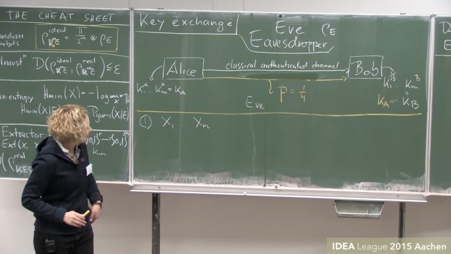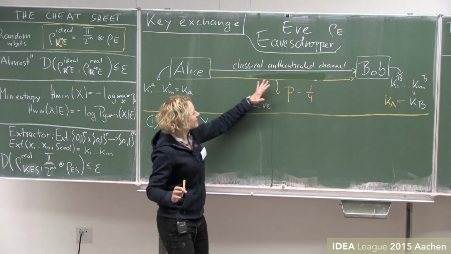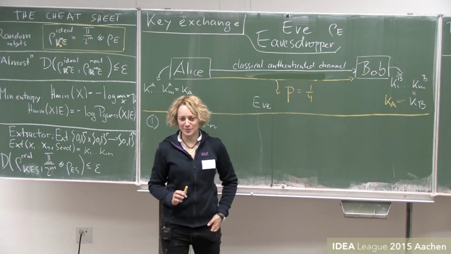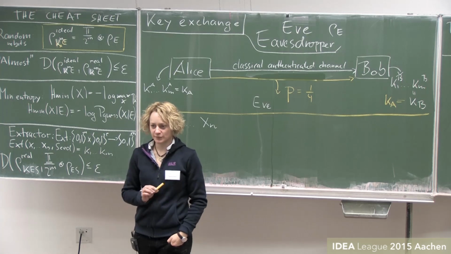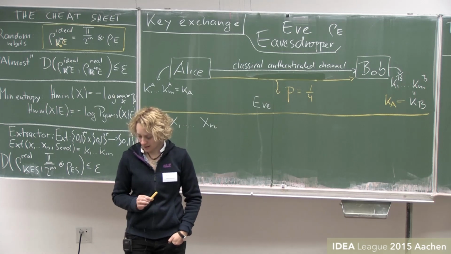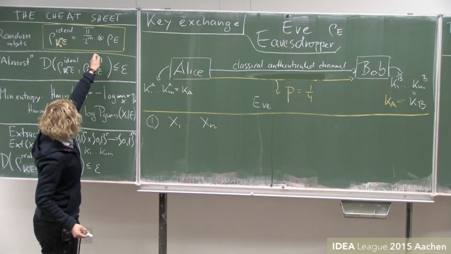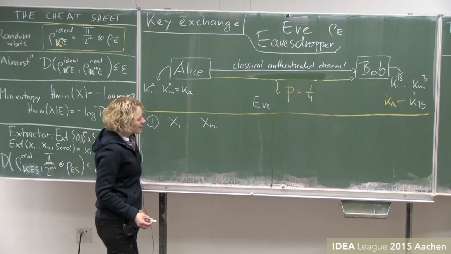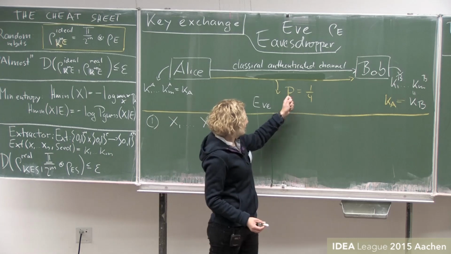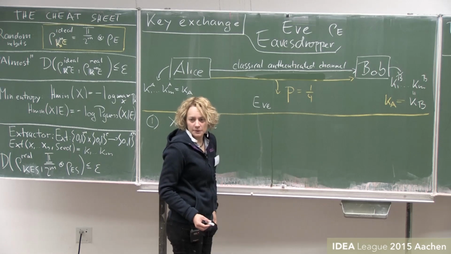What's going to happen, of course, is that every time one of our bits travels across, Eve will intercept it with probability p. So it will not be that Eve is completely uncorrelated from this x, but there will be some probability that Eve is going to guess every bit of the key.